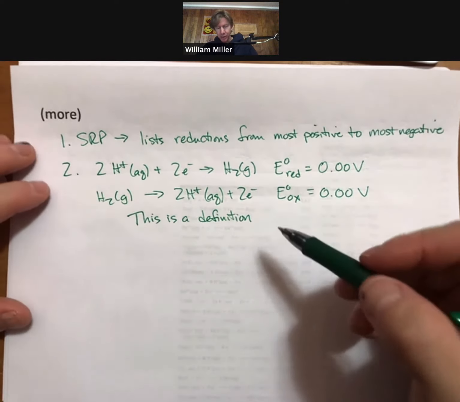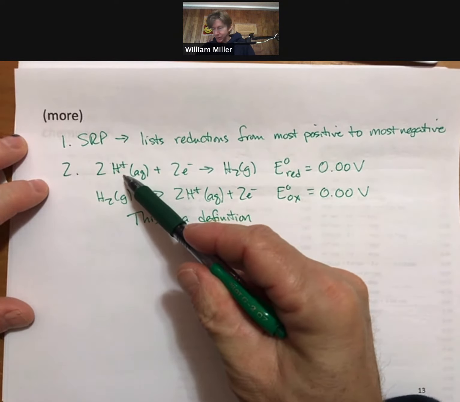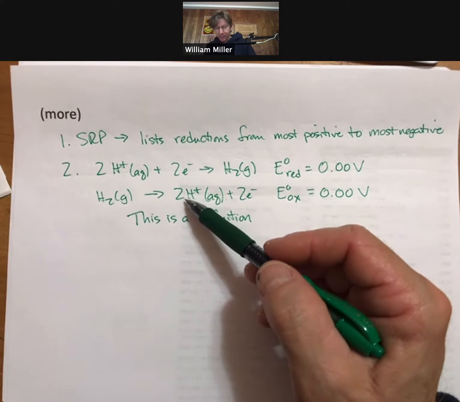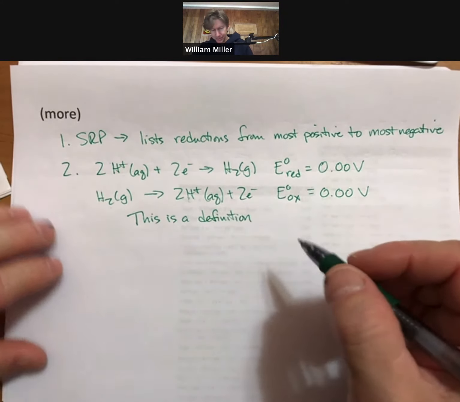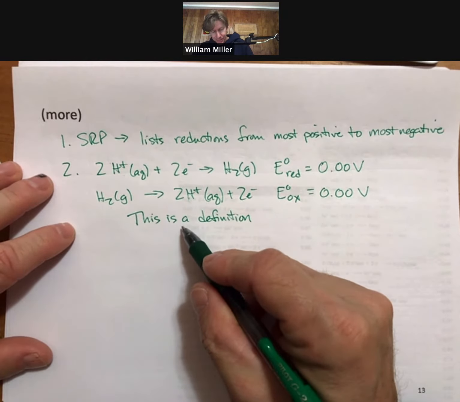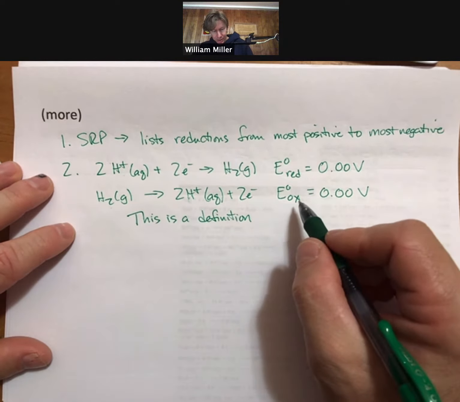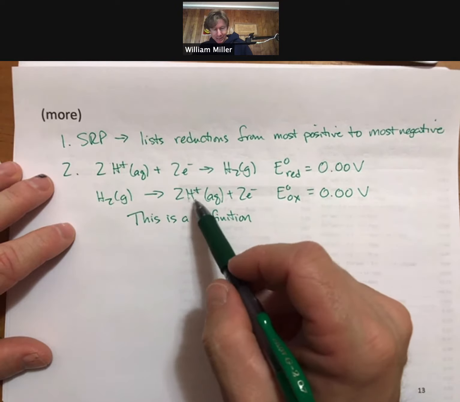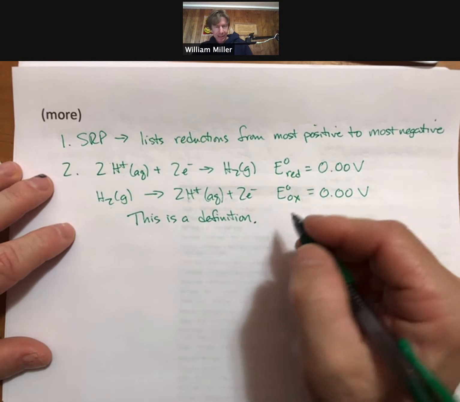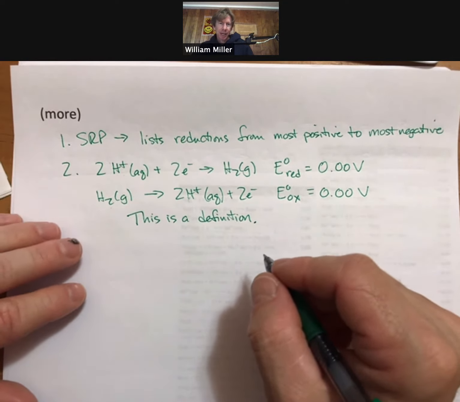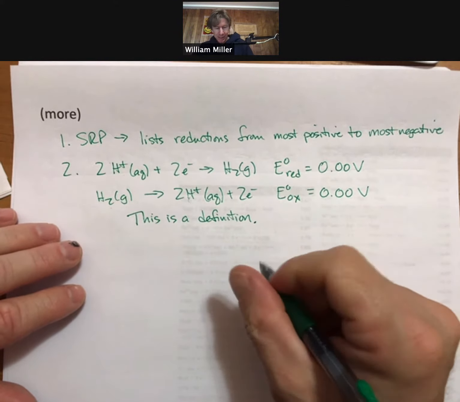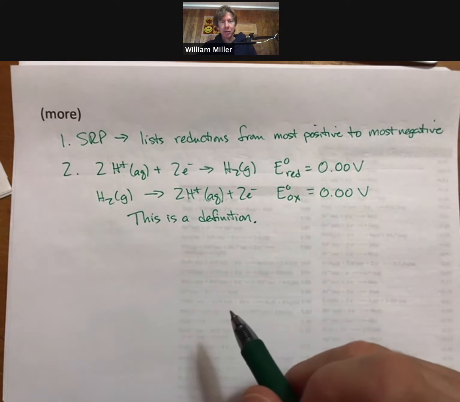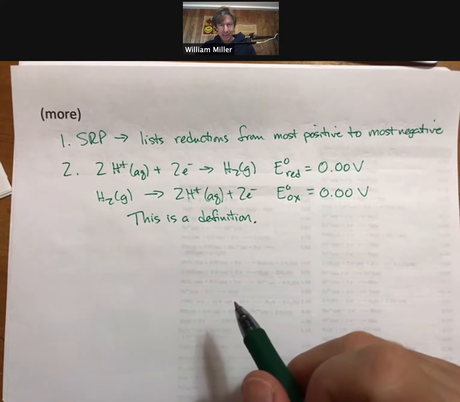It allows us to look at the standard cell potentials of ions in solution, because when we use a voltmeter, or when we measure a potential, it's unclear how you do that for ions necessarily.